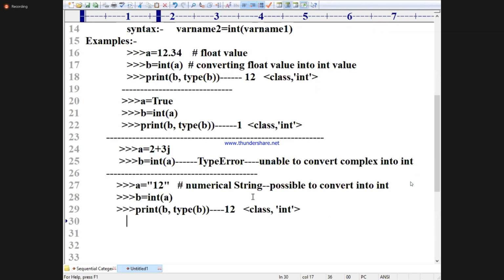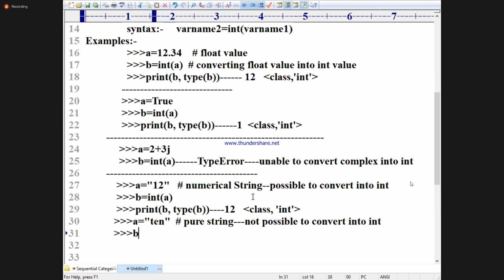One more I will write, an invalid one. A is equal to "ten", 10 in words. So I am writing pure string, not possible to convert into int.